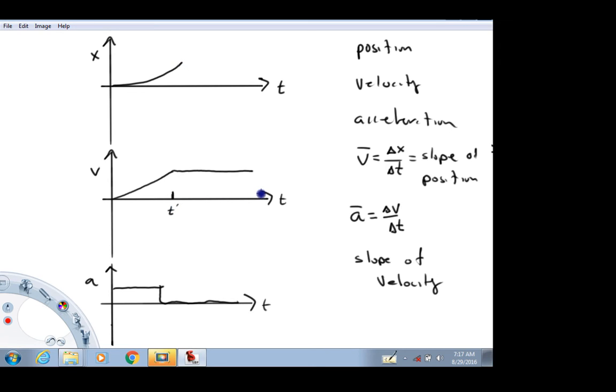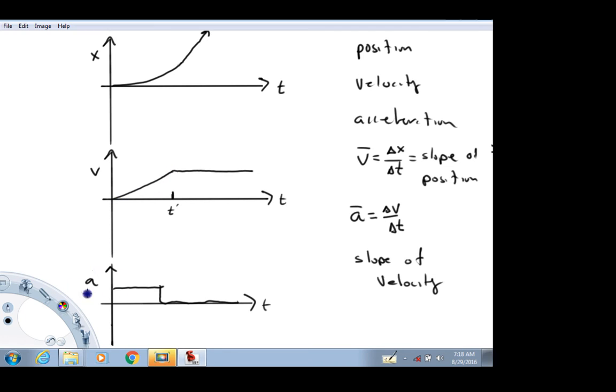From t prime on, the velocity is constant, which means our slope is constant, so the rest of this graph is linear. I'll just put an arrow here indicating that this keeps going. I don't have enough room to draw it all the way out here. So again, important points of this conceptual example. Before this time, t prime, our velocity is changing, so we are accelerating, and the slope is not changing, so that acceleration is constant.